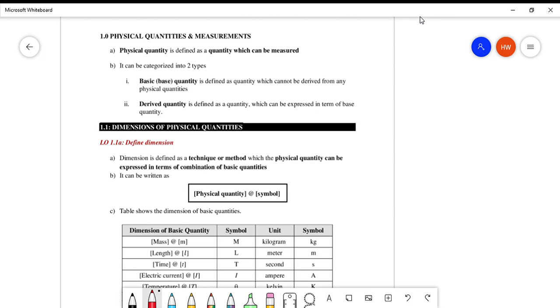What you're going to learn is about physical quantity, which is defined as a quantity which can be measured, meaning that the quantity is measurable.